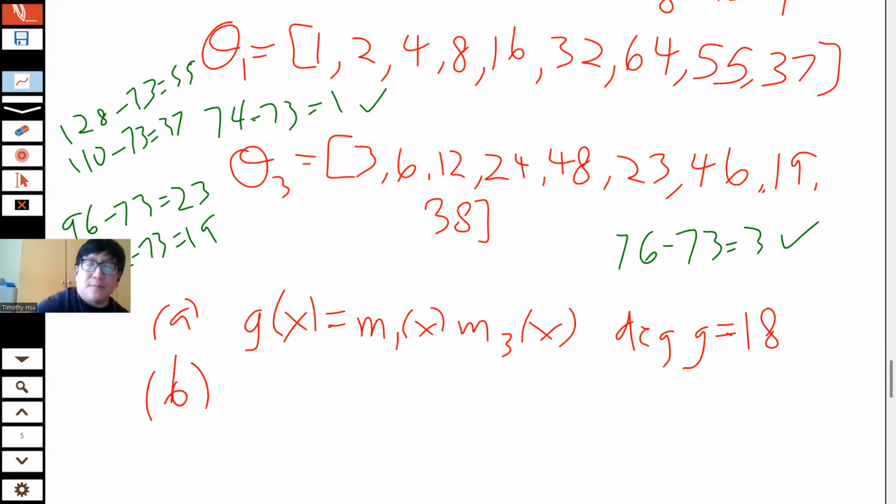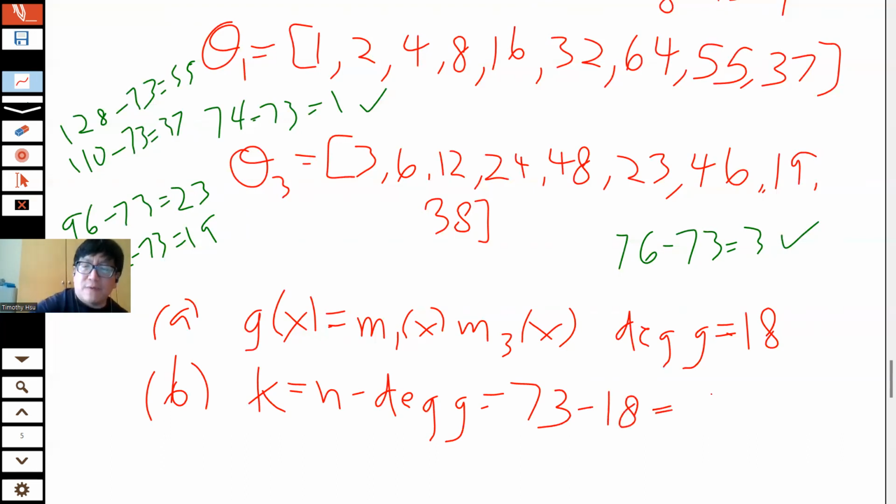Then part B, find the dimension of C. K, which is the dimension of our code, is going to be n minus the degree of g, which is 73 minus 18, which is 55.